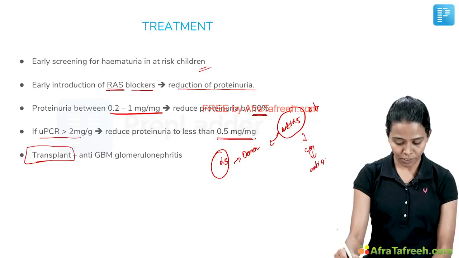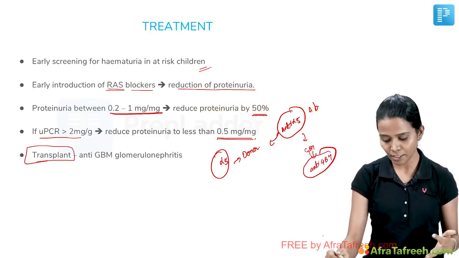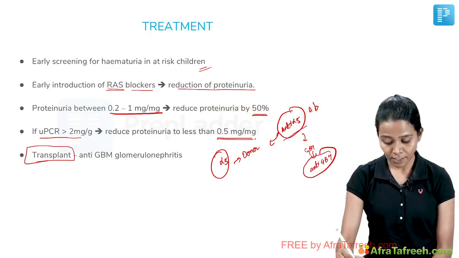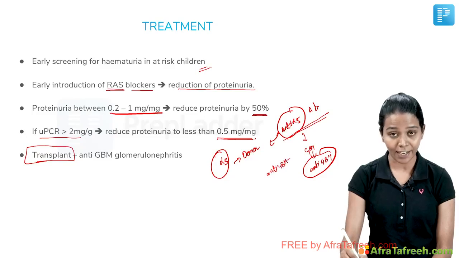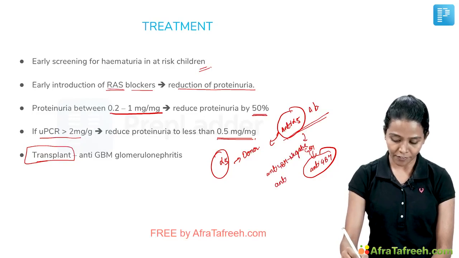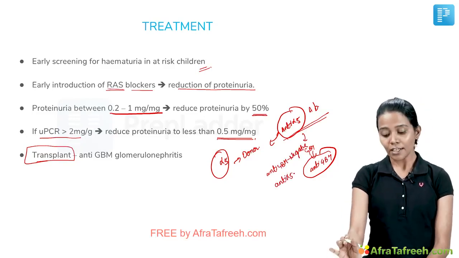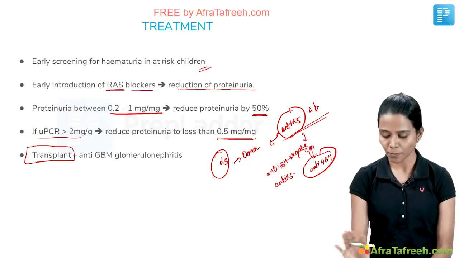So in this situation, if the patient has a biopsy picture post-transplant showing anti-GBM disease, it is important to know that anti-GBM antibody may be negative and the patient is going to have anti-alpha 5 antibody, right?